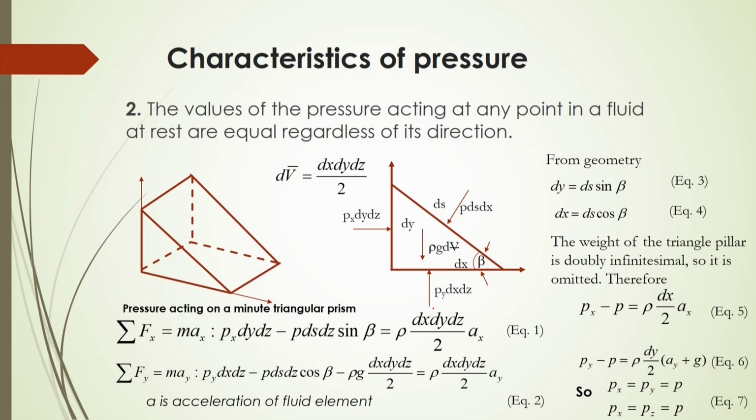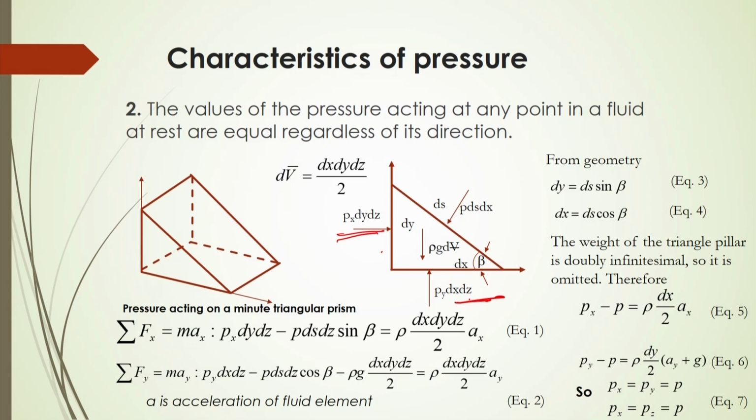From the bottom there will be a force P y into dx dz, and in this case P x into dy dz, because in the x direction the pressure is P x, and in the y direction the pressure is P y. So, in the x direction the force acting on this surface will be P x into dy dz, whereas in the y direction the force will be P y into dx dz.